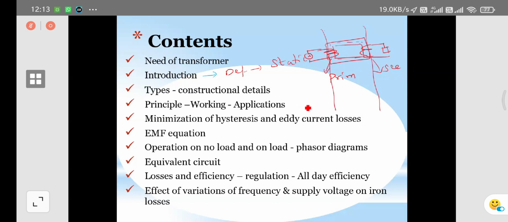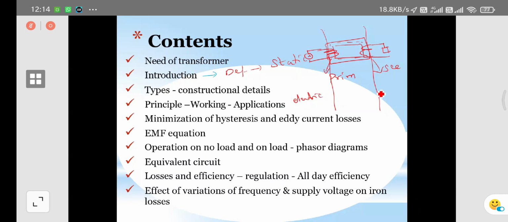The transformer is not an energy conversion device. It is a static device which transfers electrical energy from one circuit to another circuit. Suppose the input side is an electrical domain and the output side is also an electrical domain.